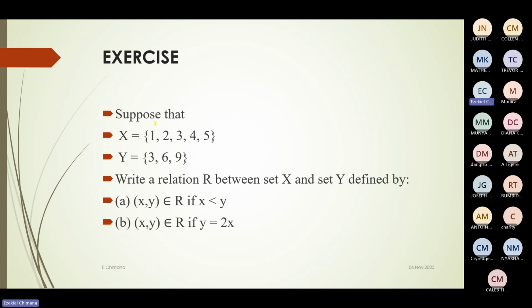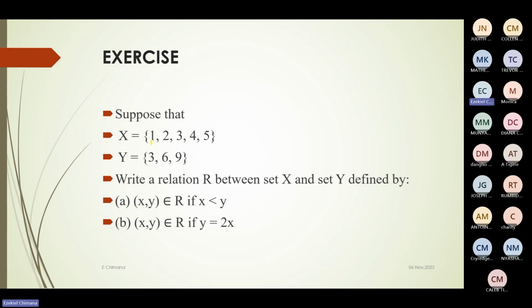So this one was just an exercise. Suppose that you've got X and Y. X is the set with 1, 2, 3, 4, and 5, and Y has 3, 6, 9 as elements. You are asked to write a relation R between set X and set Y, which is defined by that (X, Y) is an element of the relation if X is less than Y. So whenever you have an X which is less than Y, you take that pair and put it in your relation.